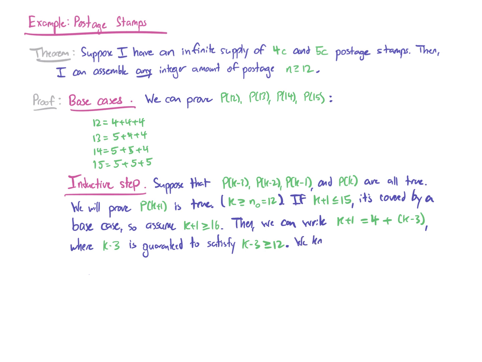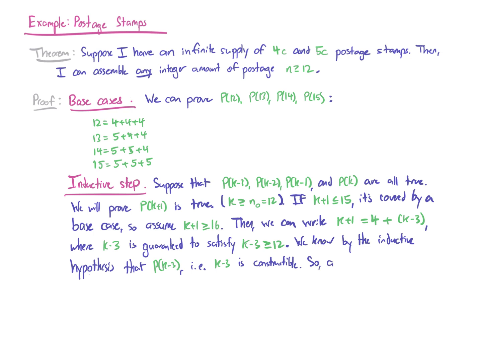We know by the inductive hypothesis that p of k minus 3 is true, i.e., k minus 3 is constructible in terms of 4 and 5 cent postage stamps.